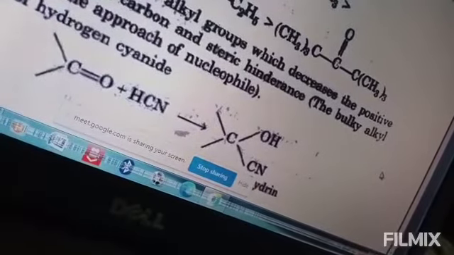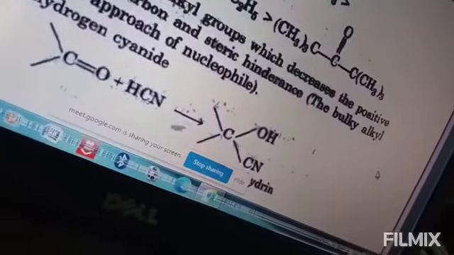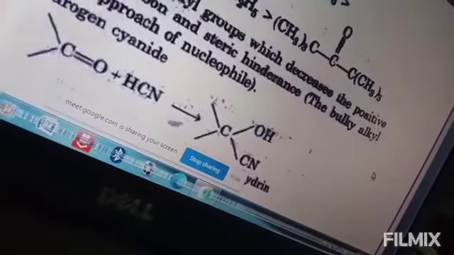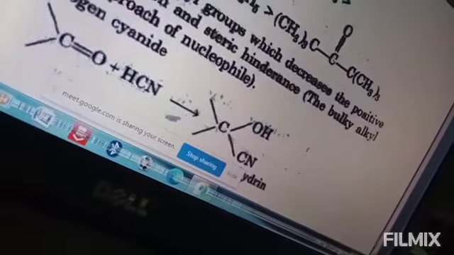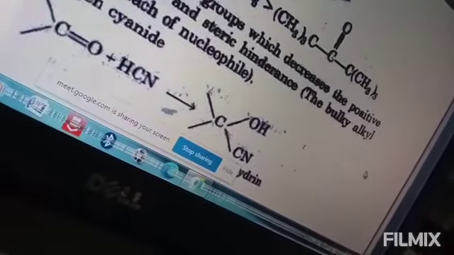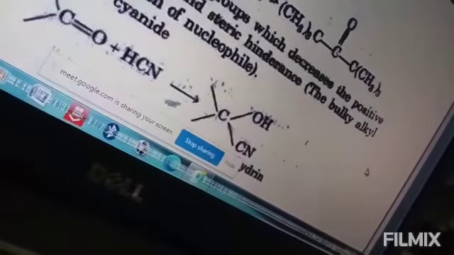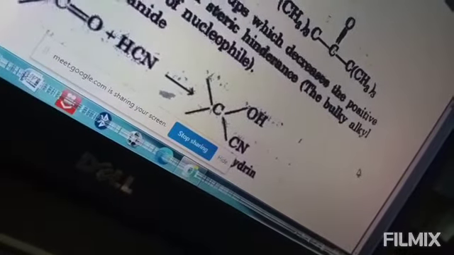Sterically, the presence of two relatively large substituents in ketones hinders the approach of the nucleophile to the carbonyl carbon, compared with the aldehyde having only one such substituent. And electronically, aldehydes are more reactive than ketones because two alkyl groups reduce the electrophilicity of the carbonyl carbon more effectively than the one in the former.